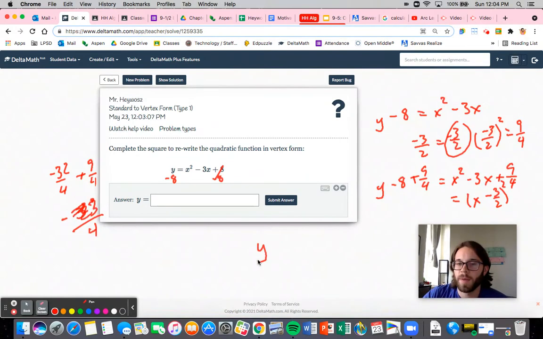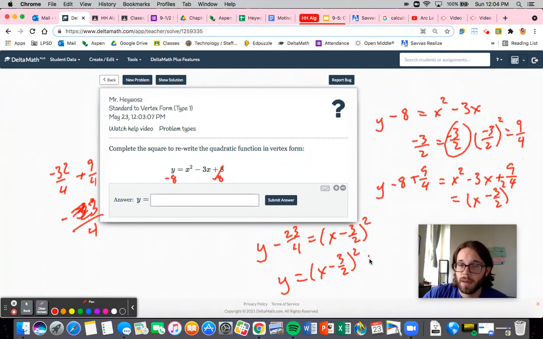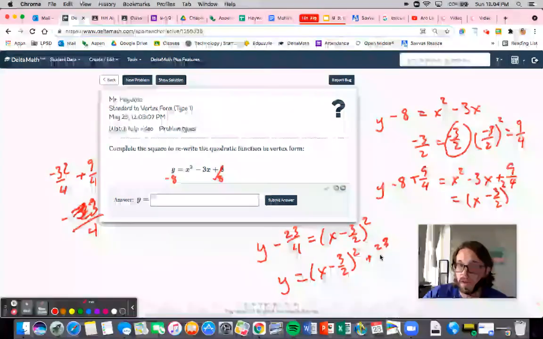So I end up with y minus 23 over 4 is equal to x minus 3 over 2 squared. So y is equal to x minus 3 over 2 squared plus 23 over 4.